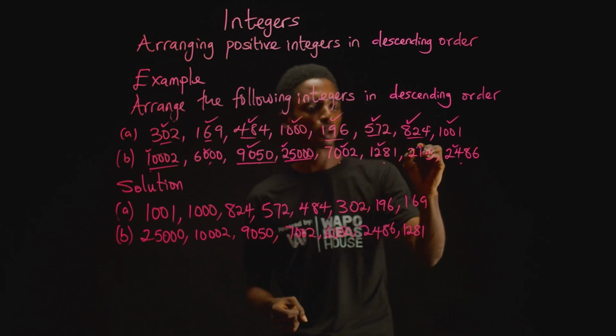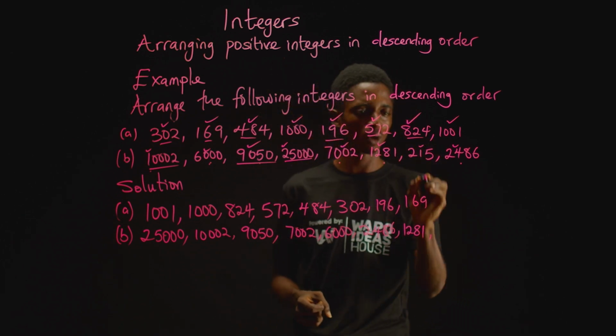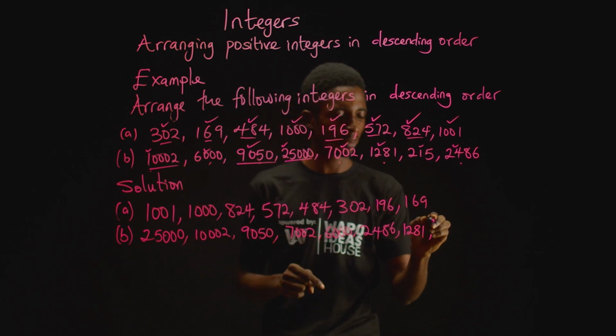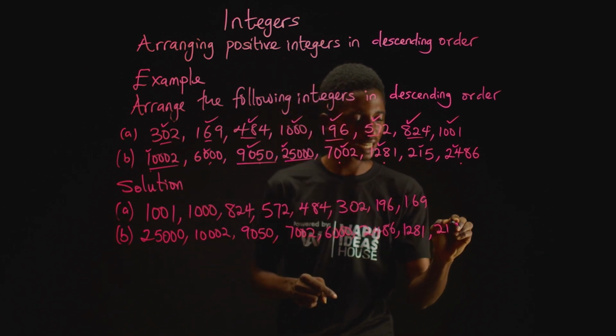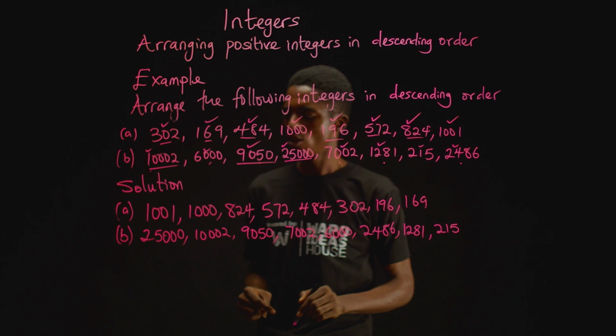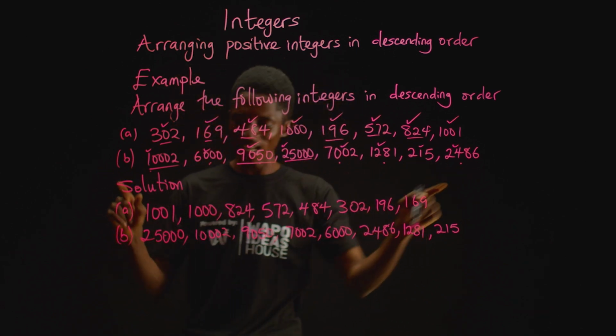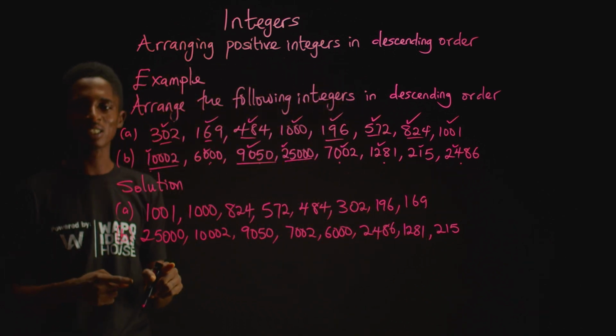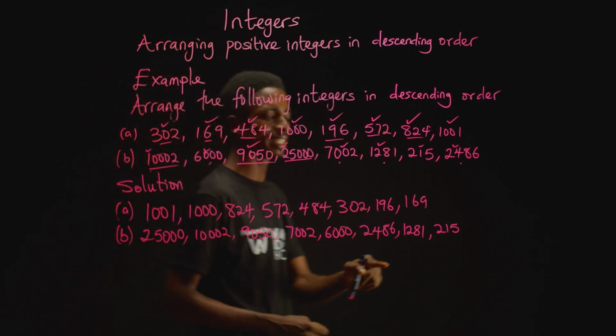Leaving just one more number to look at, which will be our smallest number in this set of numbers. The number 215. So our largest number in this set is 25,000 and the smallest number is 215.